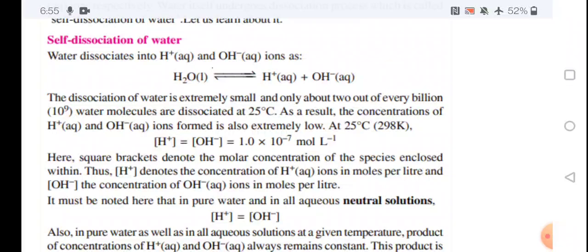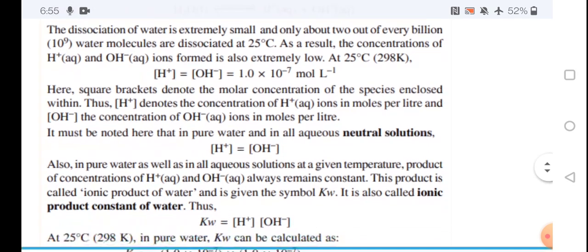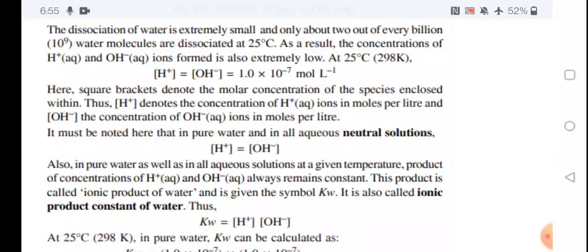So H plus in brackets denotes the concentration of H plus ions in moles per liter, and OH negative denotes the concentration of hydroxide ions in moles per liter. It must be noted here that for pure water and in all neutral aqueous solutions, the concentration of hydrogen ions and hydroxyl ions will be the same.